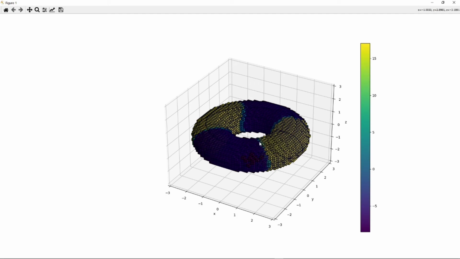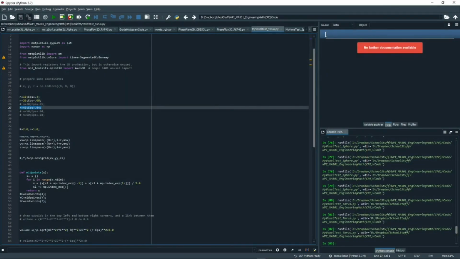It's a little bit harder to see here, but you can definitely see it as you increase the number of cubes.